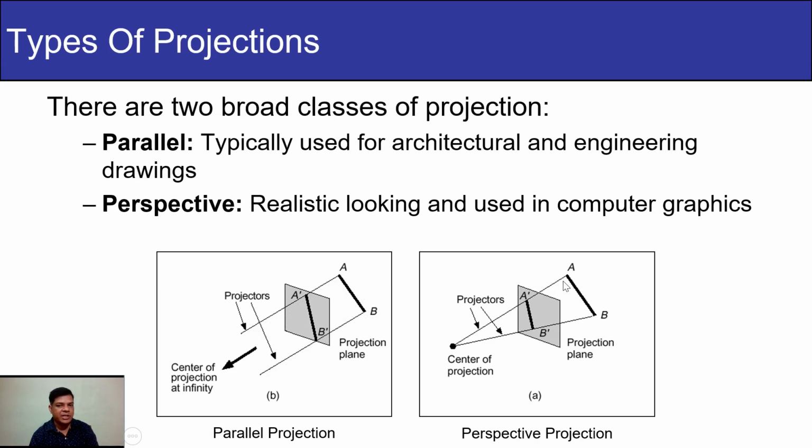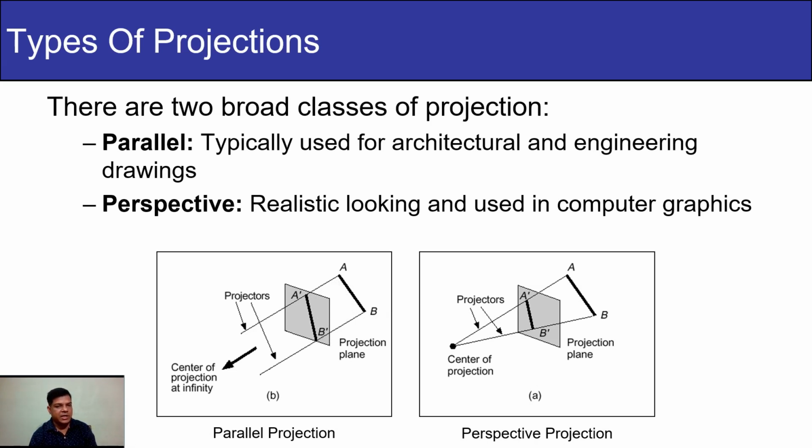And whenever the projection lines converge to a point, it is perspective projection. In the case of parallel projection, the projection lines are parallel to each other, and after some time they intersect at the view plane. The intersection point defines the new position of the object.